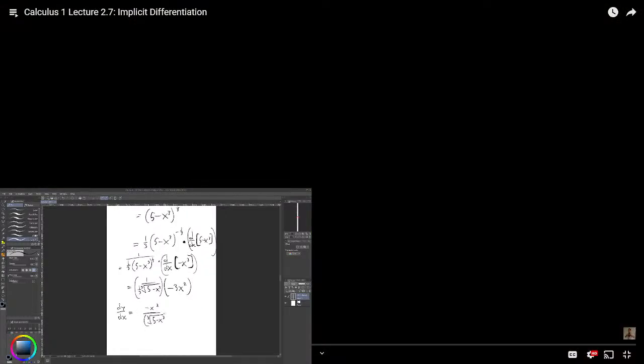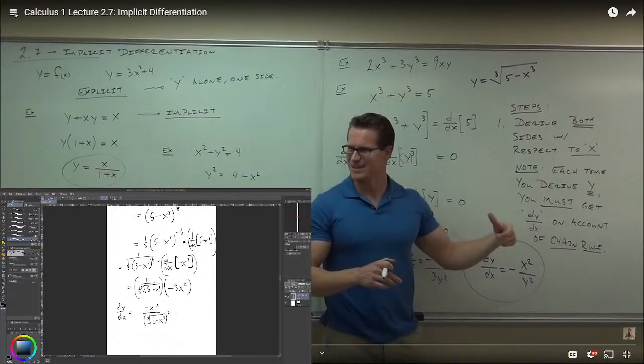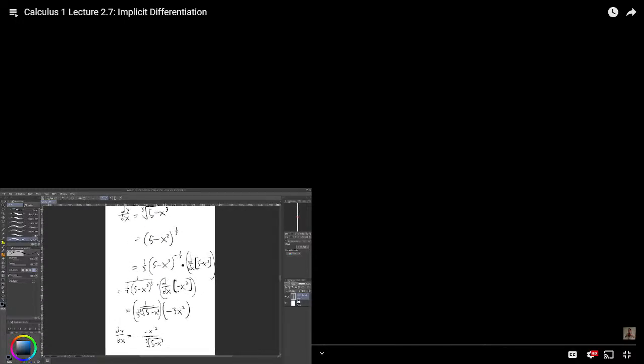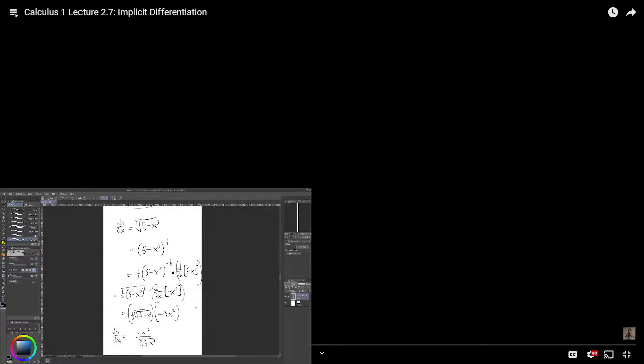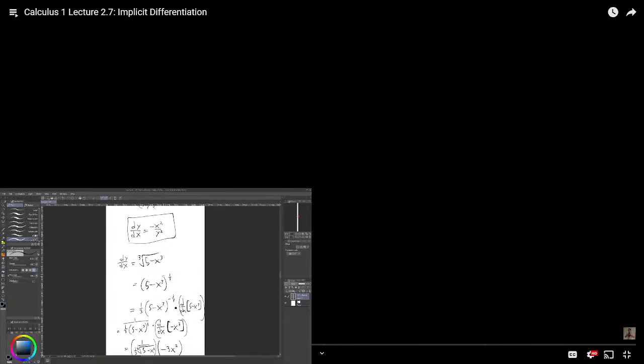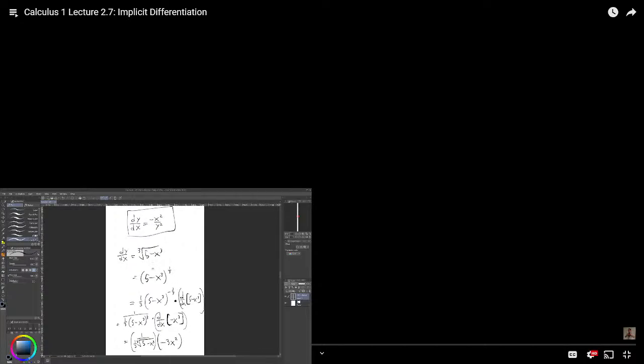Wouldn't this whole thing have to be squared? Let's see. General power rule. Or this is 1/3.